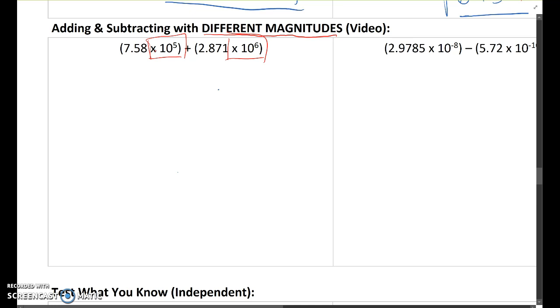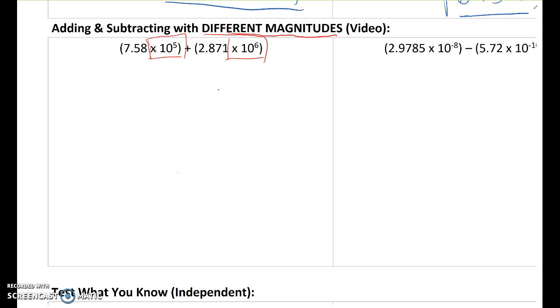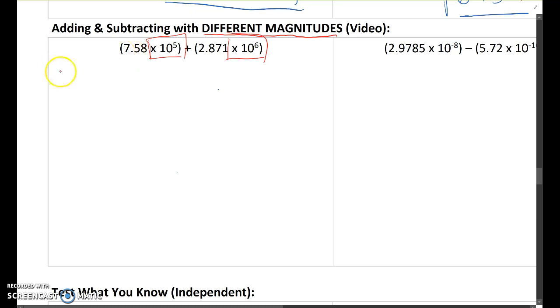Now I'm going to walk you through why this works, and then I'm going to show you a much easier way of doing this. Initially I have 7.58 times 10 to the 5th, which means it's going to go 1, 2, 3, 4, 5. So I get 758,000.